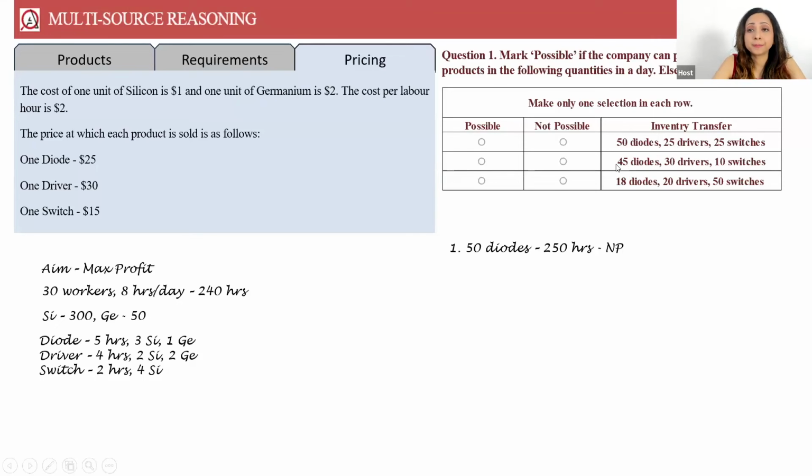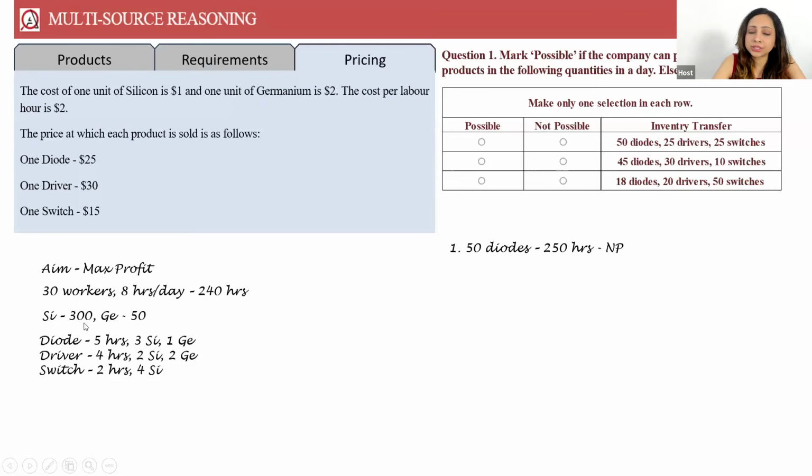45 diodes. Okay. 45 diodes need 5 hours, 3 silicon, 1 germanium. It all seems that this is fine. This is possible. 30 drivers, look at 30 drivers. You need 4 hours, 2 silicon, 2 germanium. Look, we have less of germanium. Did you notice that?